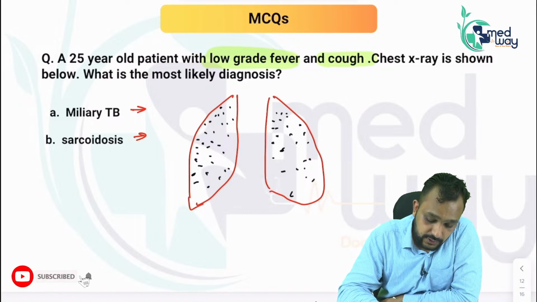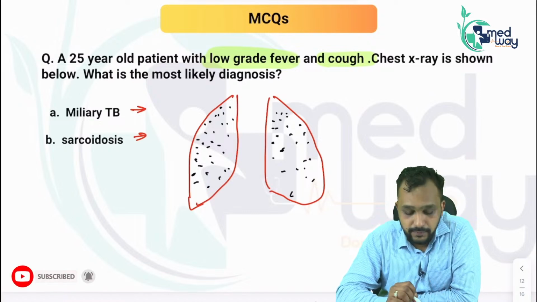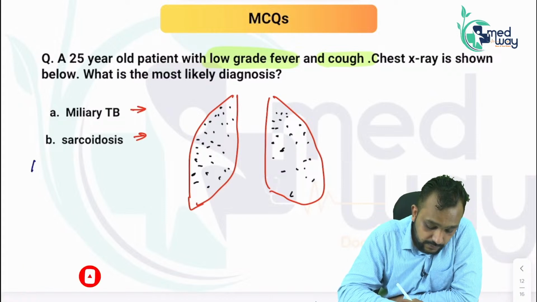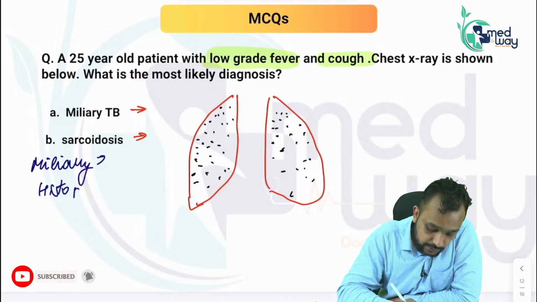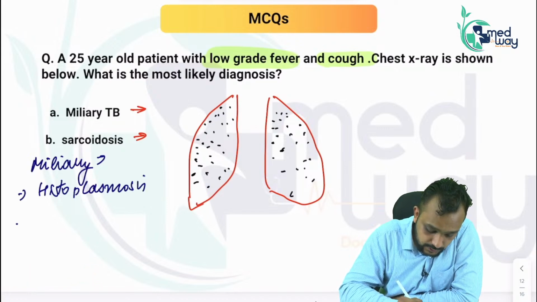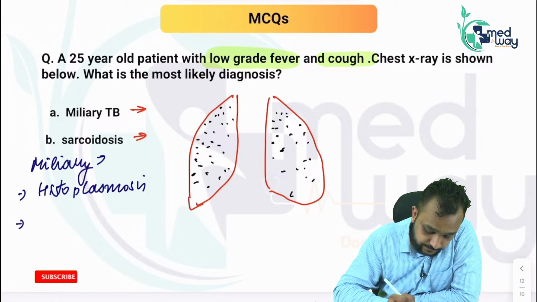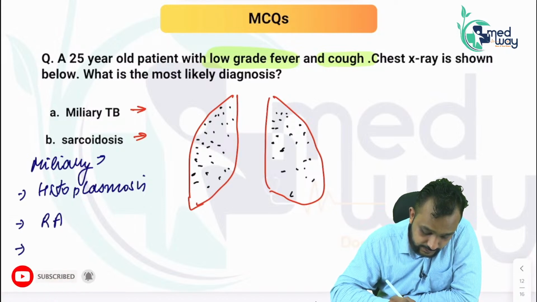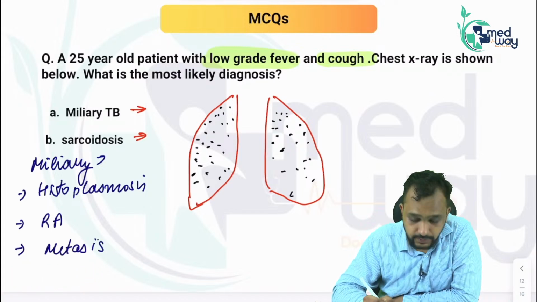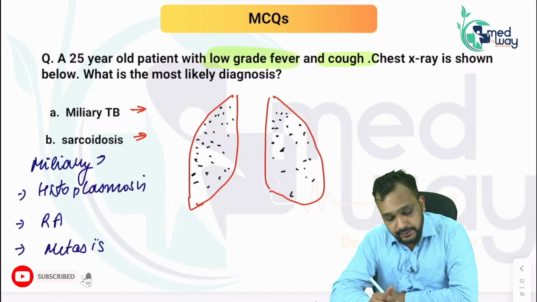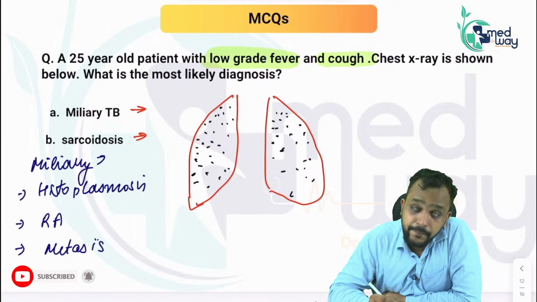Miliary pattern, we should also know, is also seen in fungal infections like histoplasmosis, blastomycosis, and in patients with rheumatoid arthritis and metastasis. So you can also get these imaging appearances in these patients.